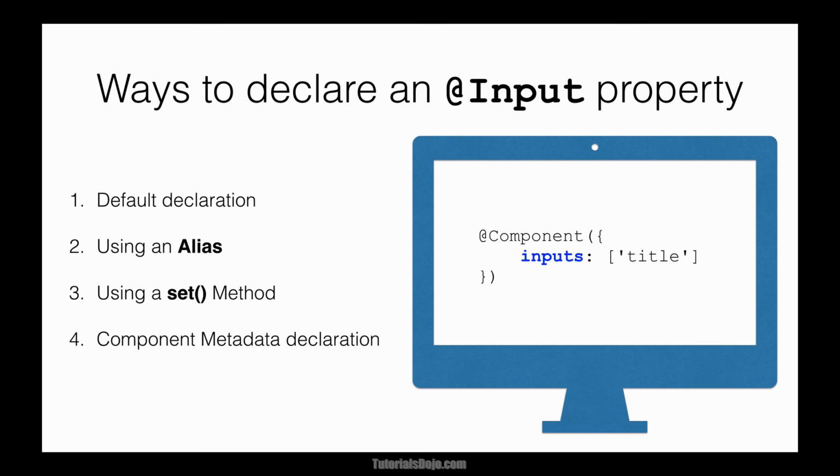So, inside your @Component decorator, just add the inputs variable, and then inside that, add an array in which you can add one or more input properties. So for example, you can add @Component, inputs, and then title. And that's it. That's a wrap.